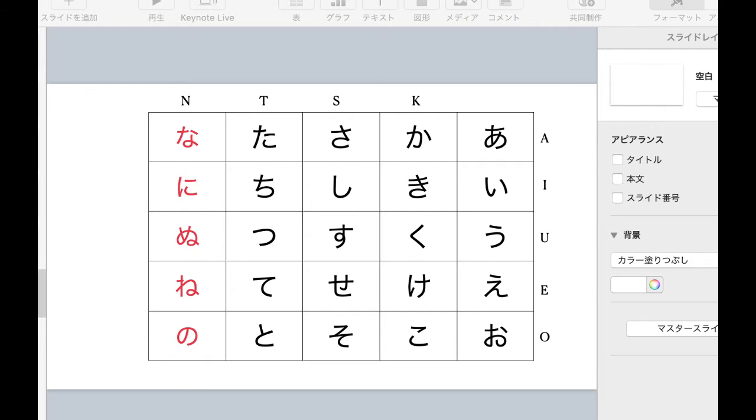If you see the left side of the T lines, you can see N lines. So these are the letters we will learn today.